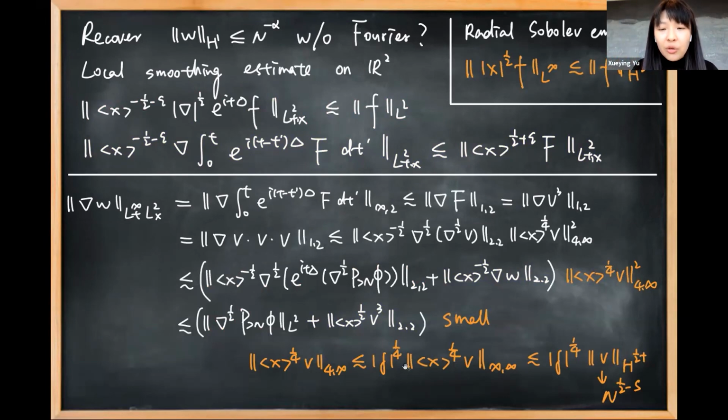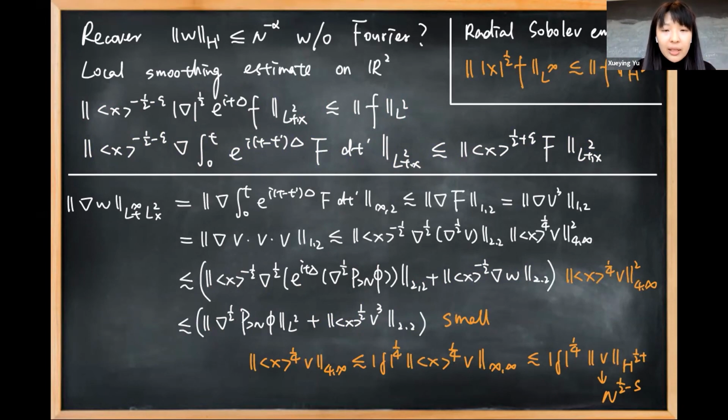So here you first take out this integration in time using Holder inequality, and then this positive weight can be absorbed by this radial Sobolev embedding. And since V is essentially high frequency, it is also very small. So that's the only place where we need this radial assumption on the initial data.